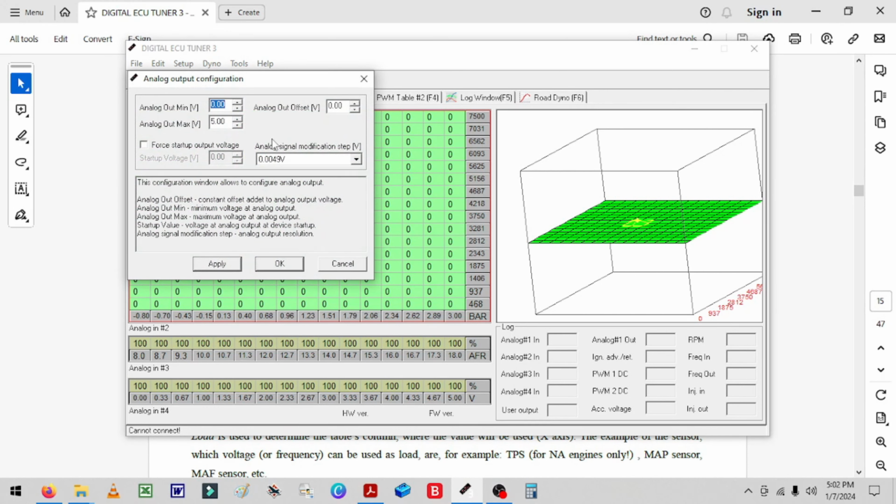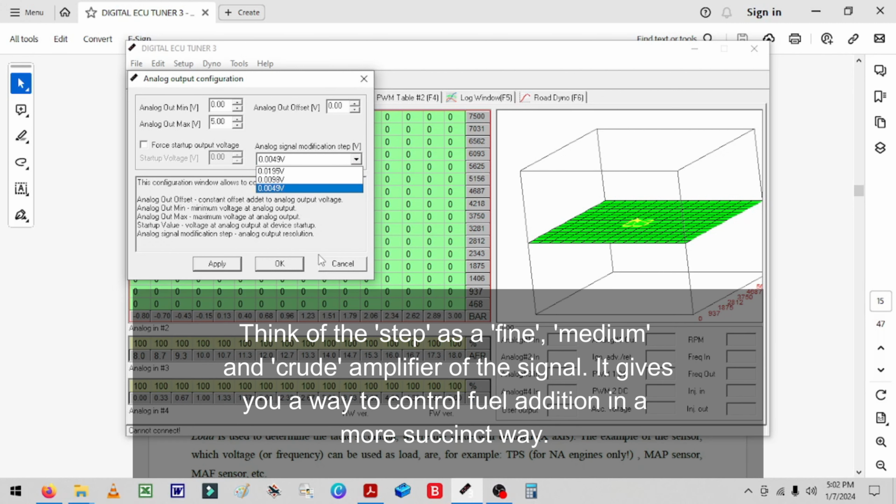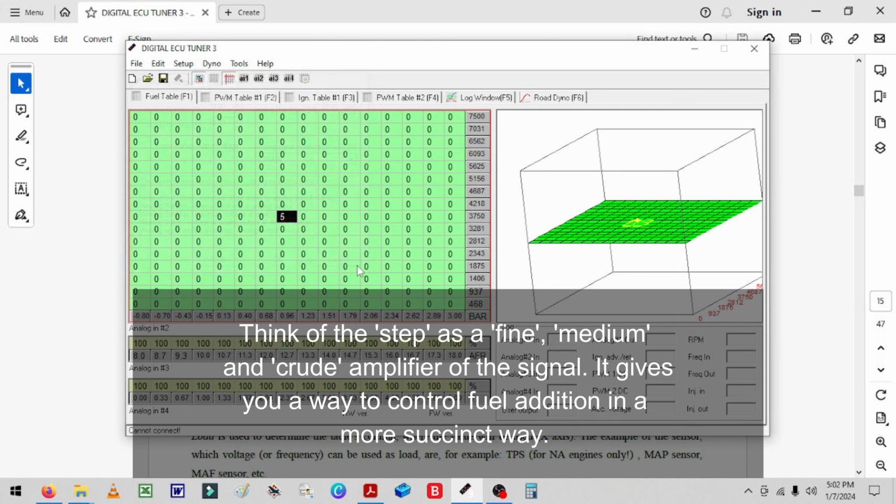Yes, right here. Analog signal modification step. Okay, and you've got 3 choices here: 0.0049 volts, 0.0098 volts, and 0.0195 volts. This is your smallest step, this is your largest, and this is in between. I just want to show you where you see that.